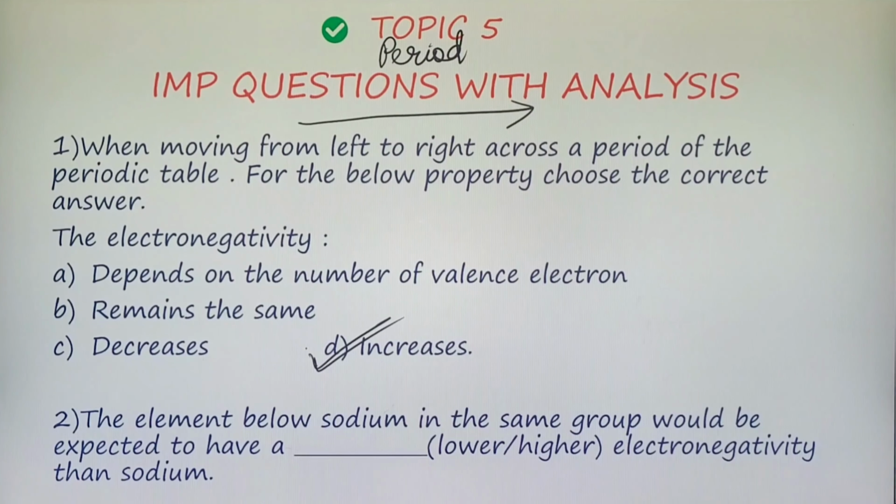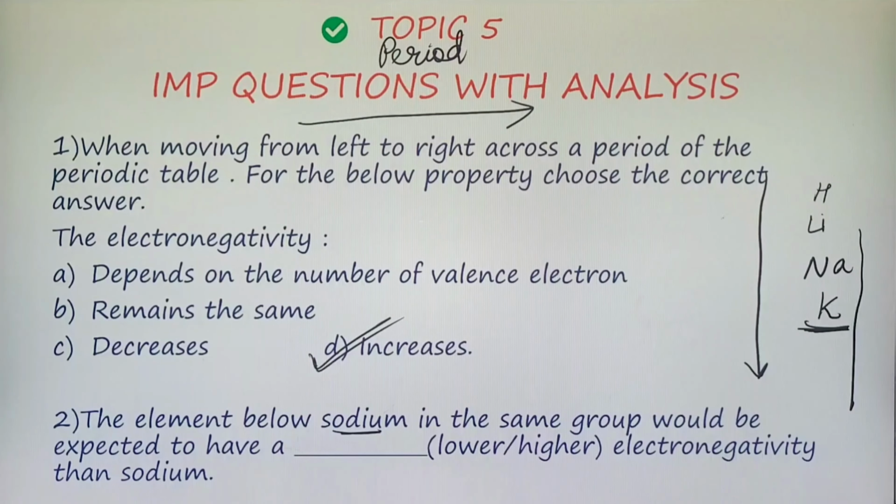The next one: the element below sodium in the same group. Sodium is here. Which is the element that is below sodium? Hydrogen, lithium, sodium, potassium. So they are talking about which element, children? They are talking about potassium. The element below sodium in the same group should be expected to have a... they are simply asking, down a group, what happens to the electronegativity?